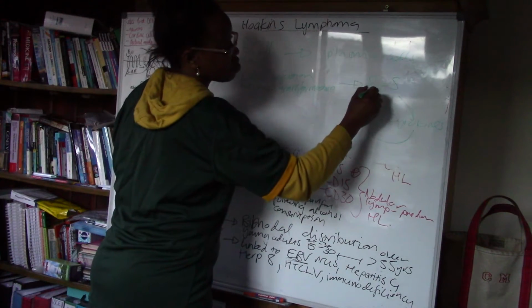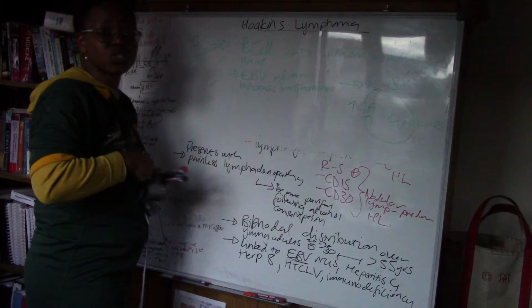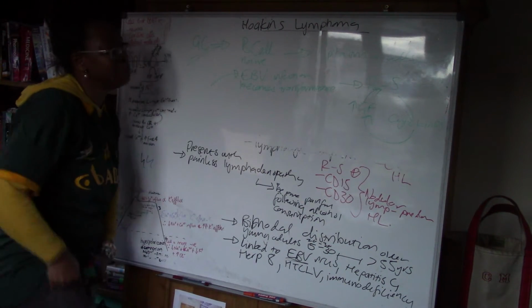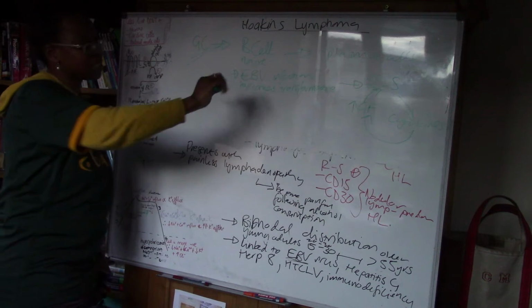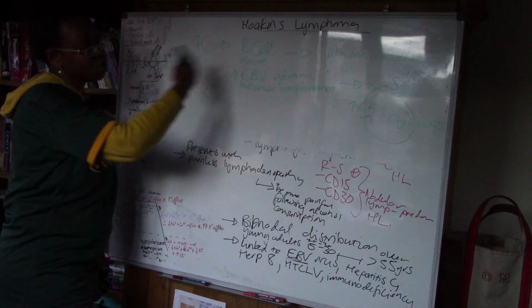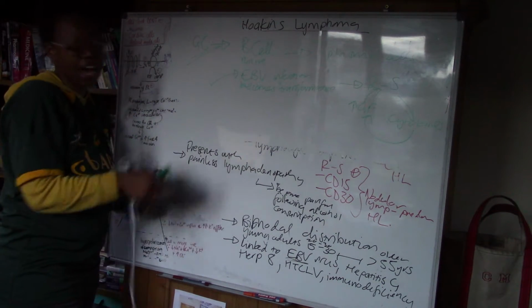Then these growth factors feed back to that Reed-Sternberg cell, causing it to continuously proliferate and become the dominant cell in that germinal center, which is really how the cancer transformation occurs.